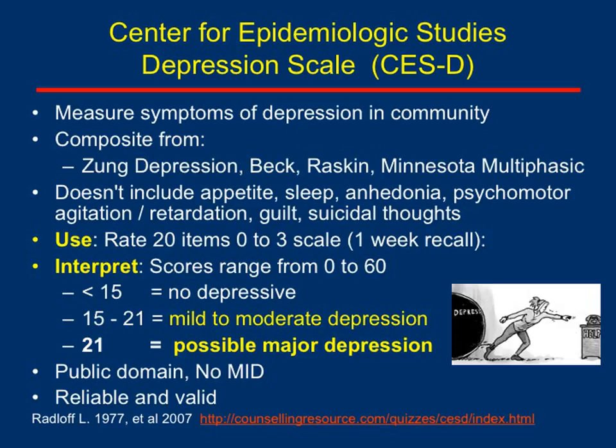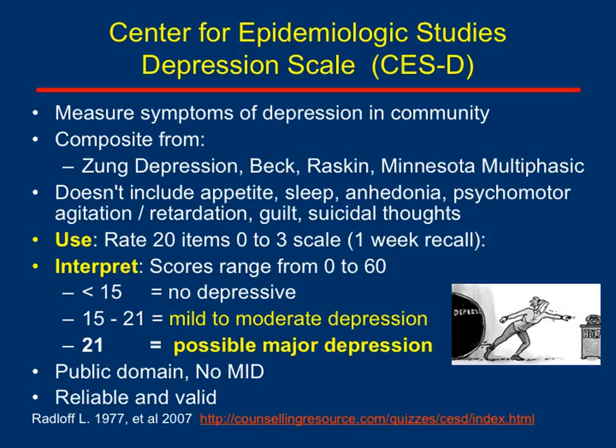So the Center for Epidemiological Studies Depression Scale, this is the second tool. It measures symptoms of depression in the community. It's a composite of 4 different scales. It does include actually many features of the definition of depression. It says it doesn't include appetite. It actually does. So it does include feelings of really being stuck and feeling low energy and low mood.